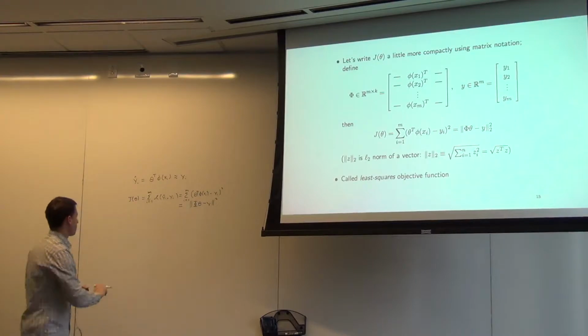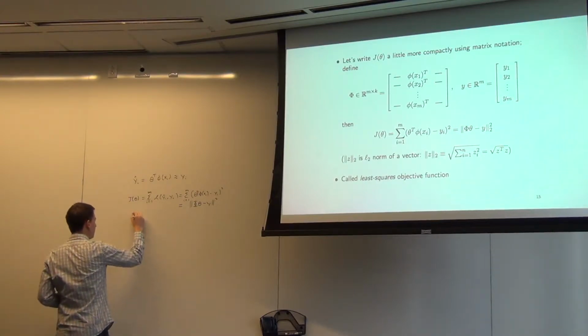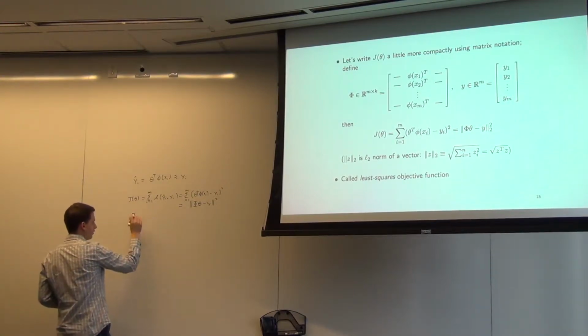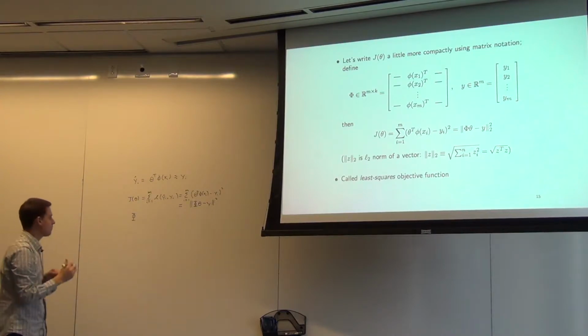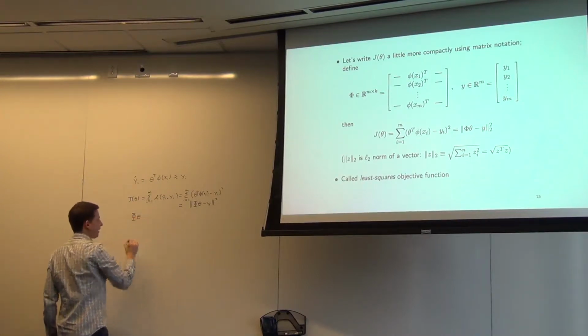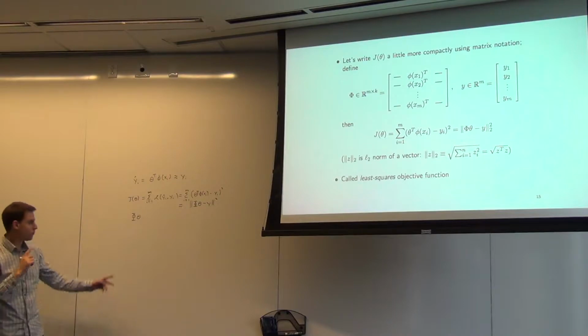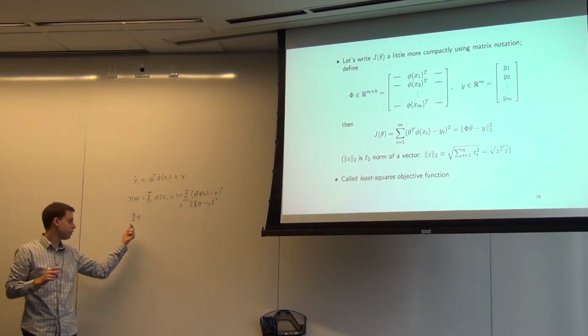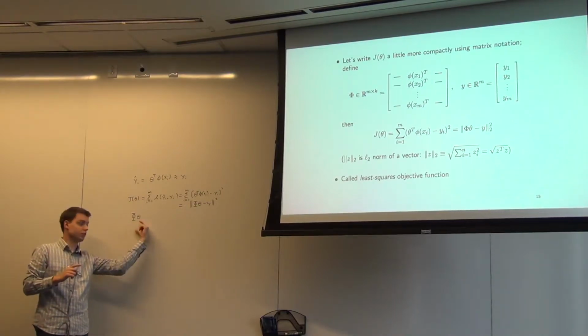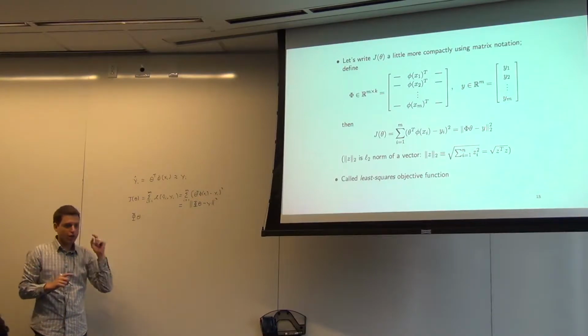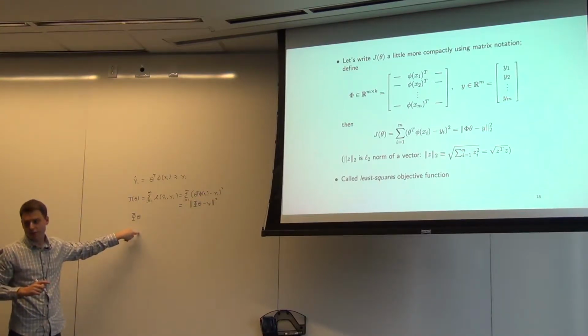So remember, phi is a matrix in m by k. Theta is a vector in Rk. So first of all, this multiplication makes sense, right? Because the number of columns here equals the number of rows of theta. And what is this vector here, though?